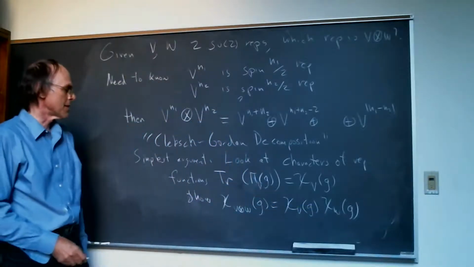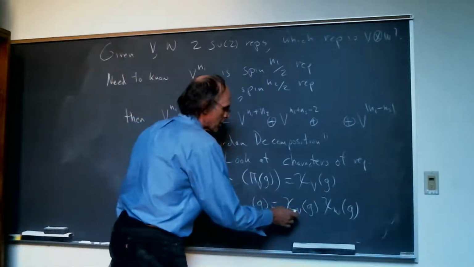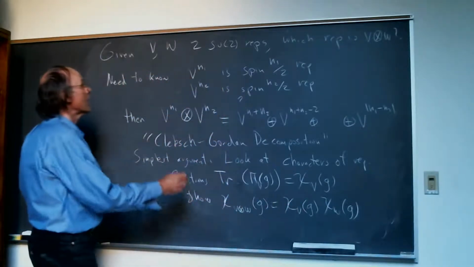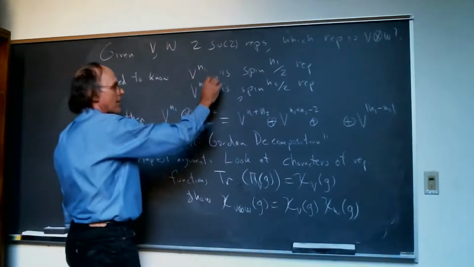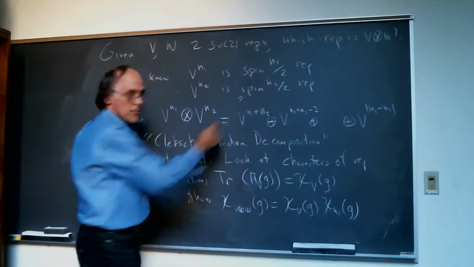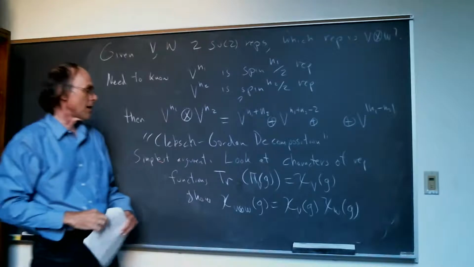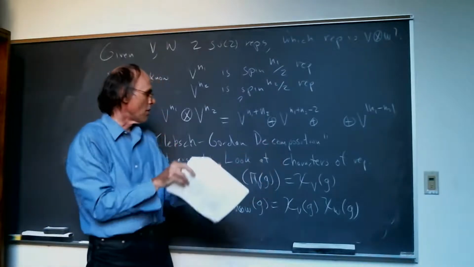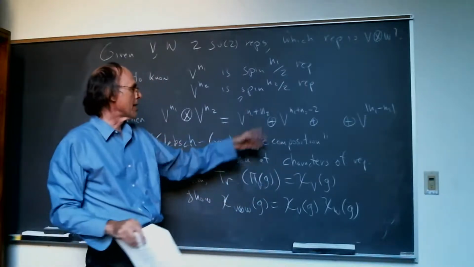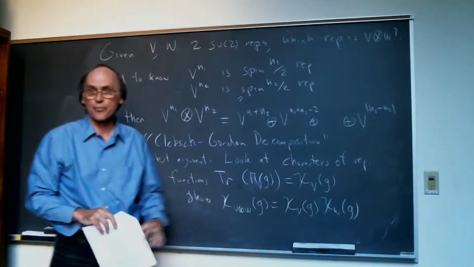Then you can ask what's the character of a spin n/2 representation. That's not so hard. You know what the thing looks like in terms of weights, so you can just take the trace.